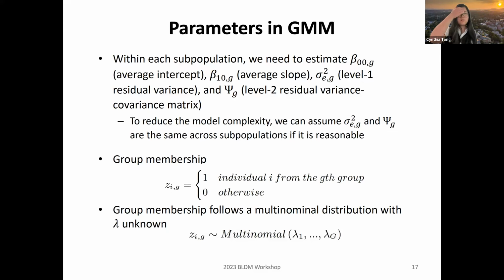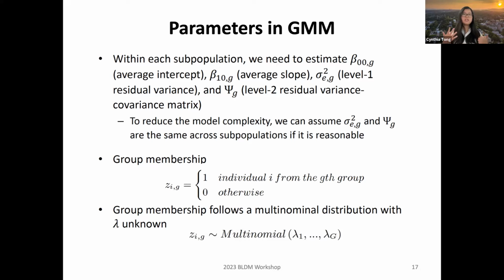In this model, from this equation, we see that we have many parameters to estimate. For each latent class, or each subgroup or subpopulation, we need to estimate the average intercept, the average slope, and the variance of intra-individual measurement errors, that's the level 1 residual variance. And for the level 2 residual variance-covariance matrix, we need to estimate the variance of latent intercept, the variance of latent slope, and the covariance between intercept and slope.